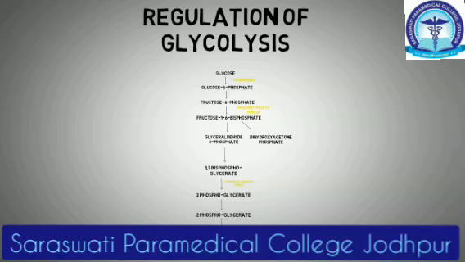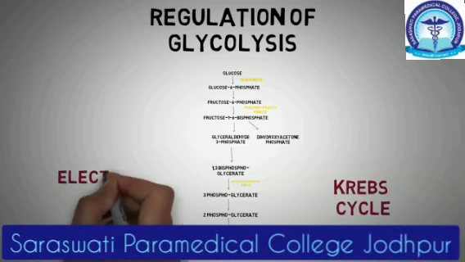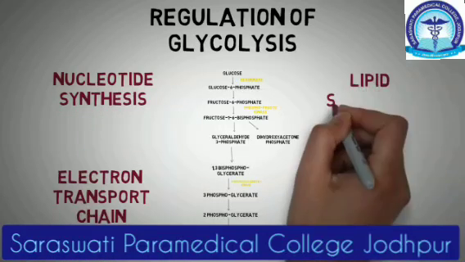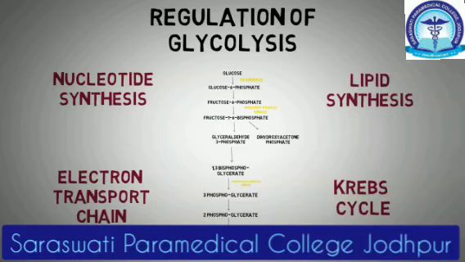Glycolysis is basically a type of pathway that lies in the center of many metabolic pathways like Krebs cycle, electron transport chain, nucleotide synthesis, lipid synthesis, etc. And it is also very important for the generation of energy. So as you can see, it is not a type of pathway that starts with glucose and we get the final product in the end which has no further use. Rather, it is a pathway in which different products are produced that are used elsewhere in the body.